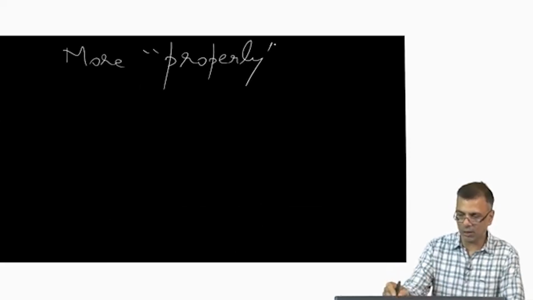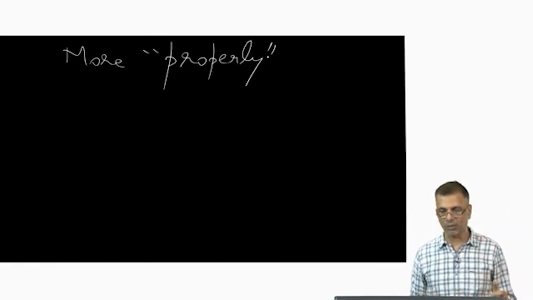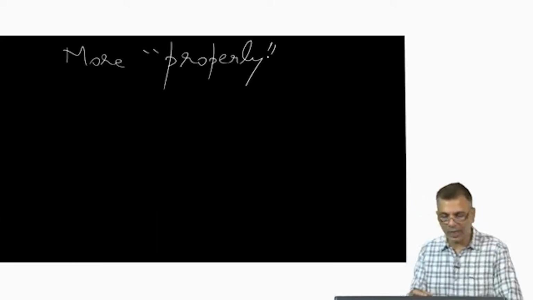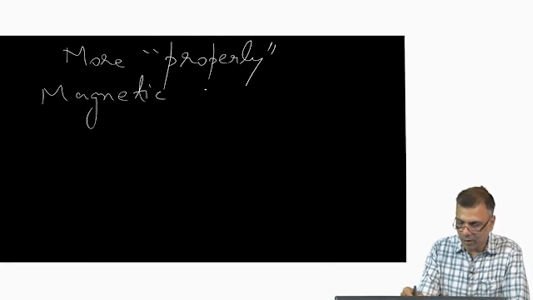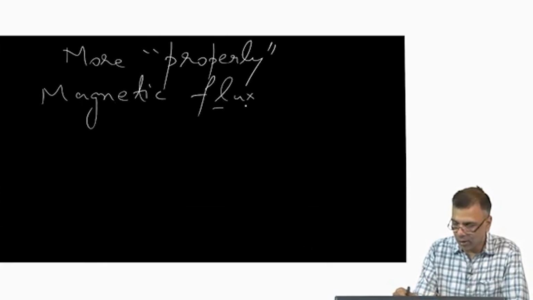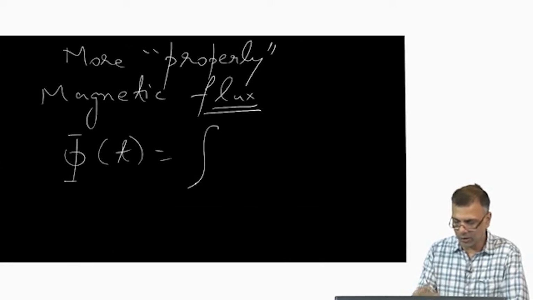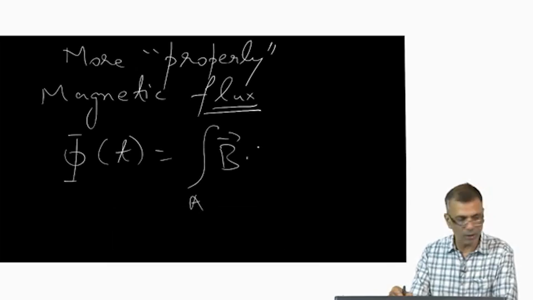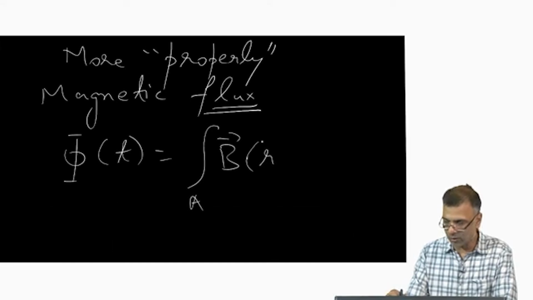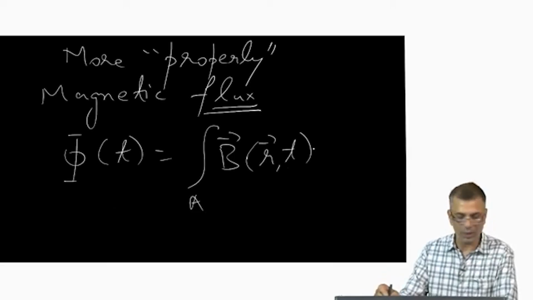in other words, the preceding definition was kind of a loose statement of Alfvén's flux freezing theorem. More properly, what it means is that the magnetic flux, which we denote as phi, which is essentially the area integral of B, which is a function of both position and time.